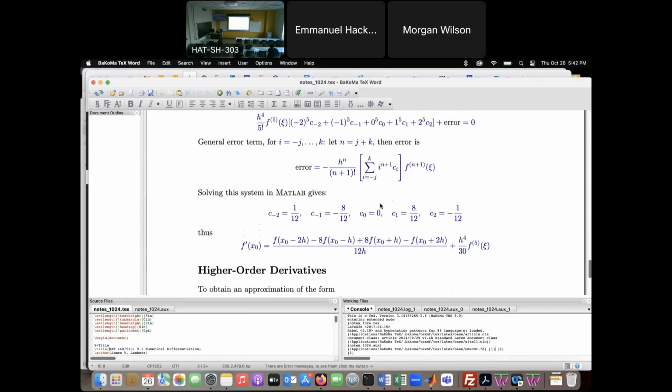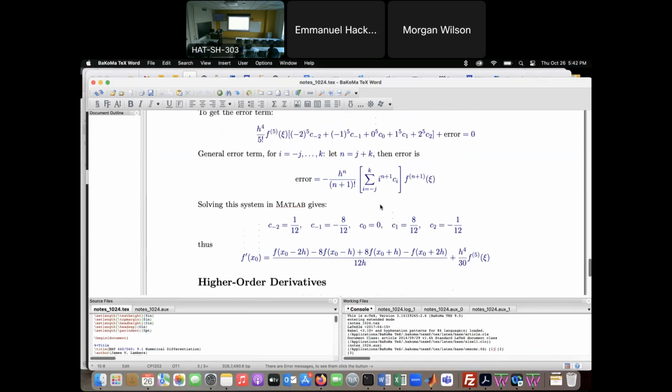Okay. Now, I can also show you what's going on with the error term, because here's the general formula for the error term. I have n equals j plus k. J and k are both equal to 2 in this example. So my error is going to be minus h to the fourth over 5 factorial, which is 120.